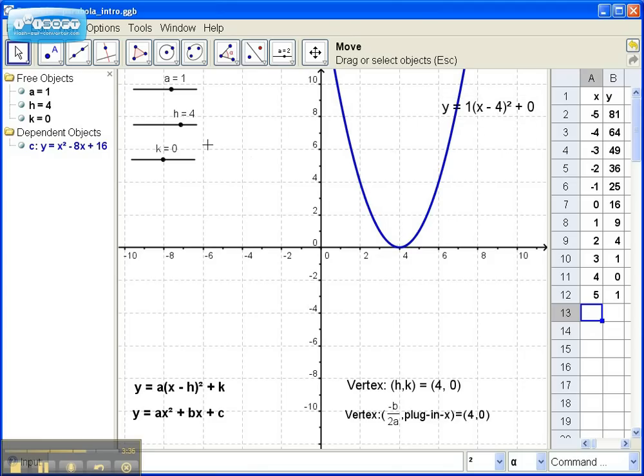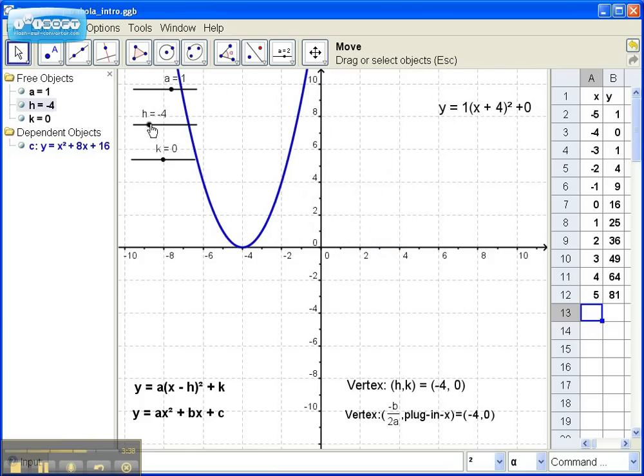If I move it to h is, say, negative 4, now notice we get an x plus 4 squared in parentheses. Now the thing that's going to make that 0 is a negative 4 for my x. So that translates into moving this left 4 units. So my vertex in this case is right there at negative 4, 0.